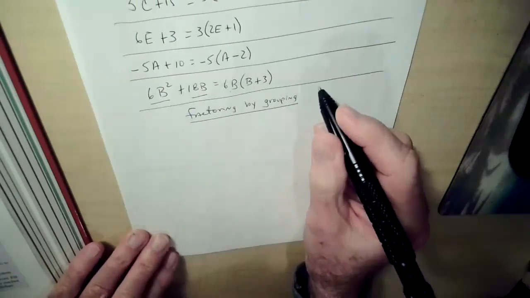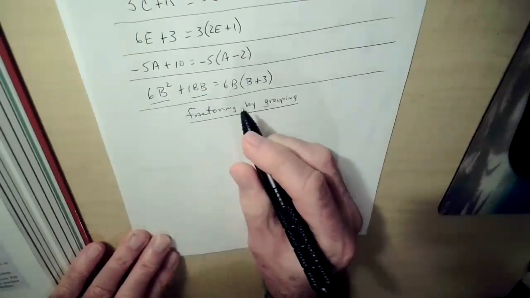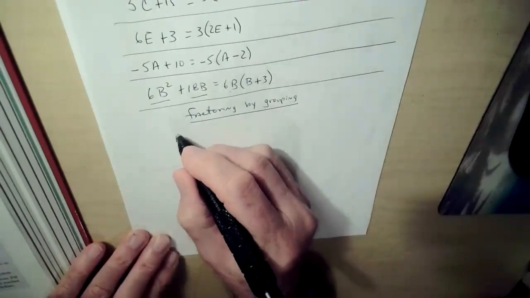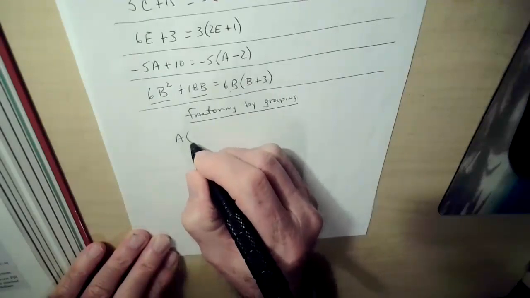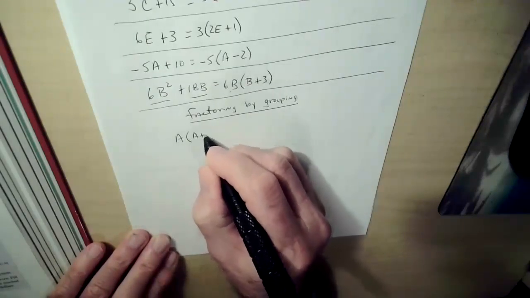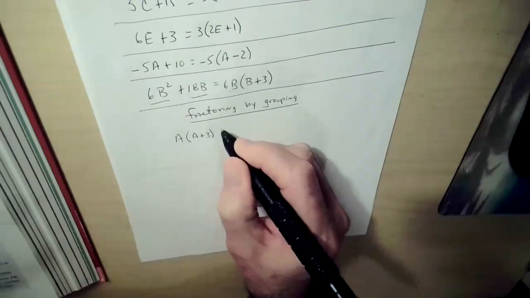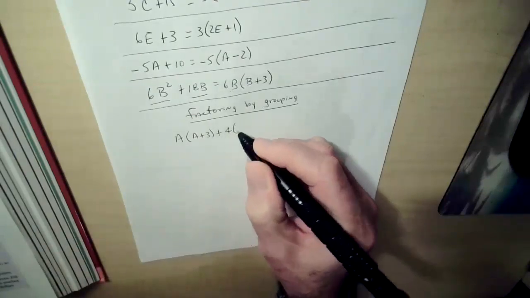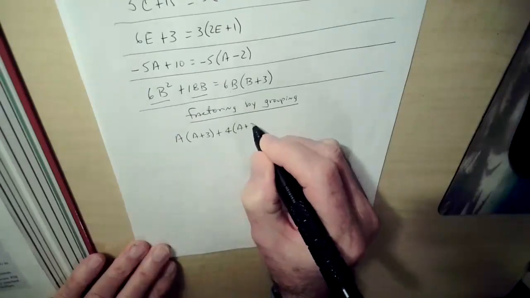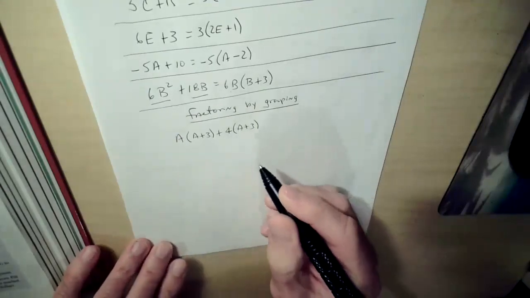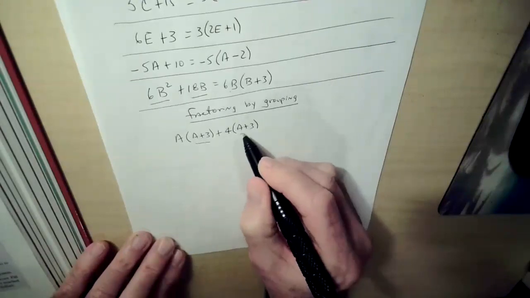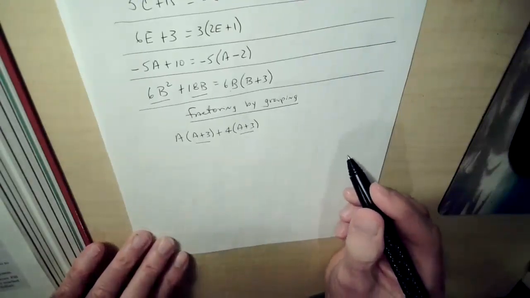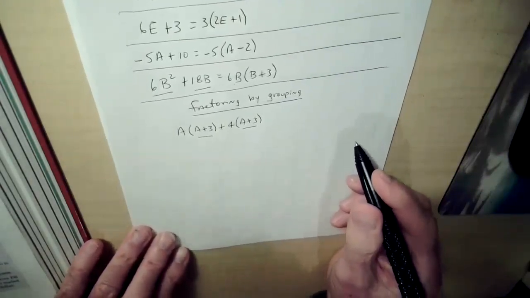Factoring by grouping. Okay, this is important also. If we have A times (A plus 3) plus 4 times (A plus 3).